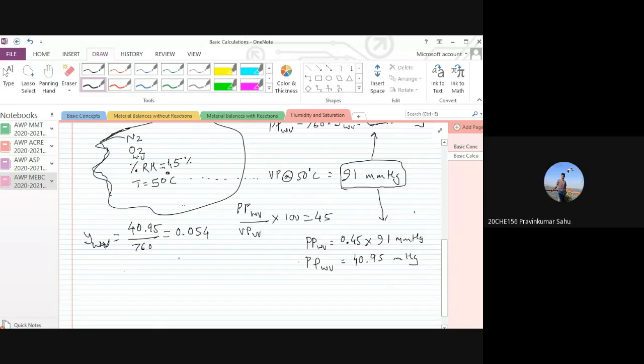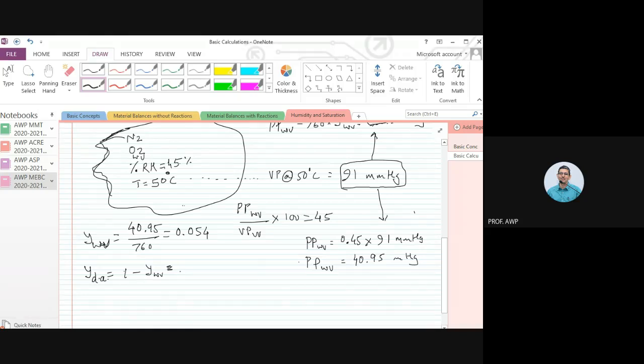0.054, let's say. And the mole fraction of the dry air part is 1 minus the mole fraction of water vapor. We are assuming that air is going to contain only the dry air part and the water vapor.